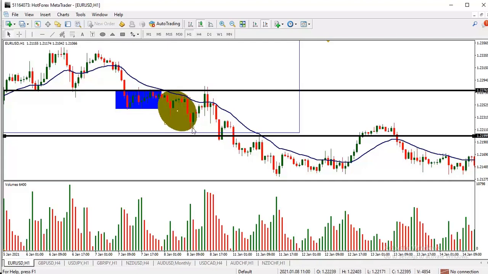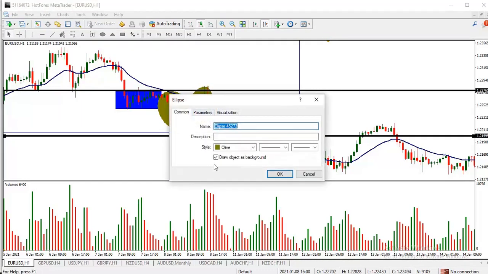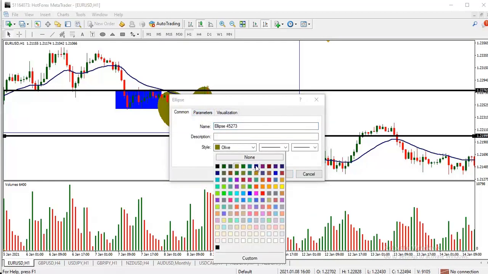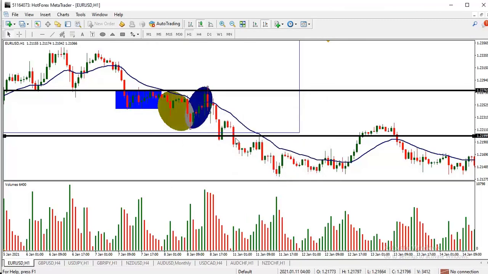And after that, they did what? They manipulated us by doing what? Going back to the top, forming the what? The LPS. LPS is from the last point of supply. They formed the last point of supply. They formed LPS at this level.